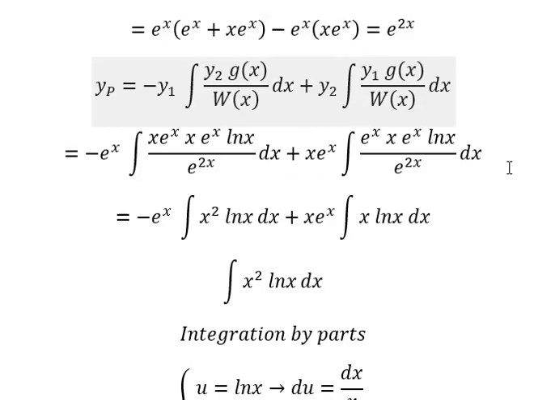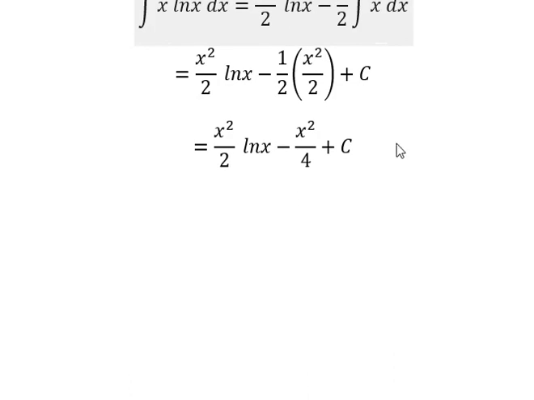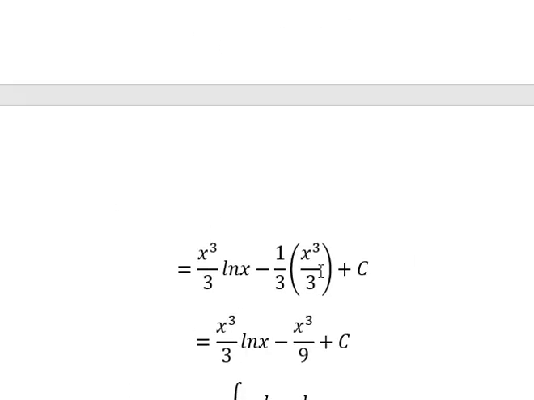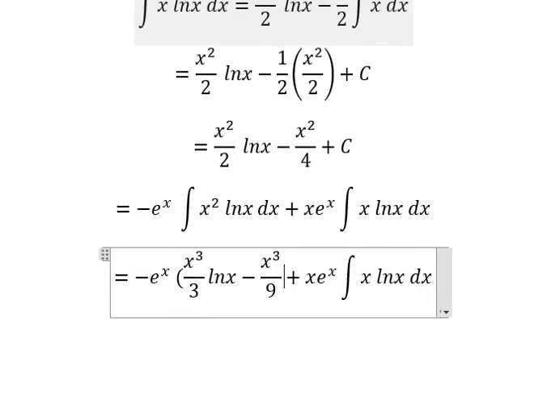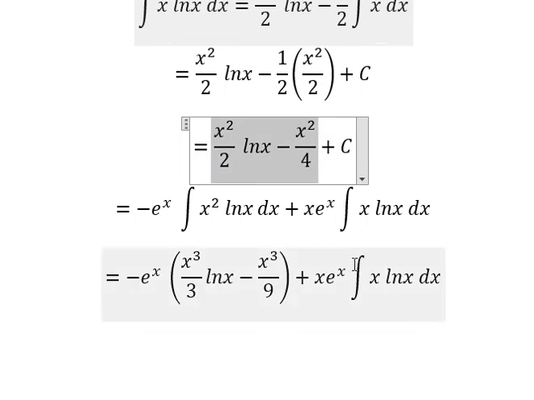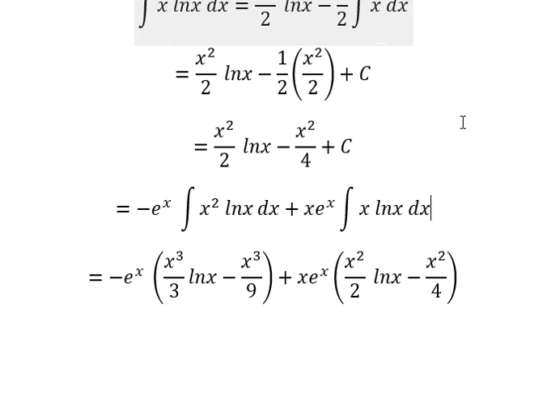Now we go back in here. The integration of this one is this one. This one is this one. And now we have the final answer.